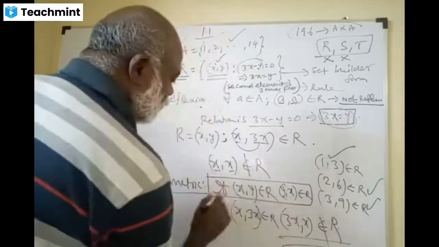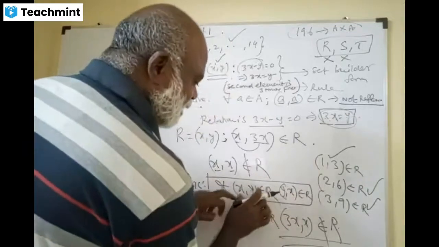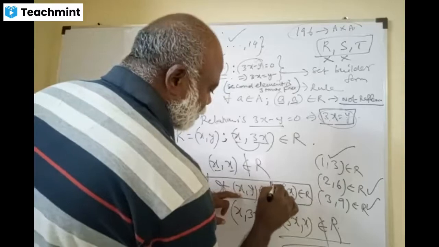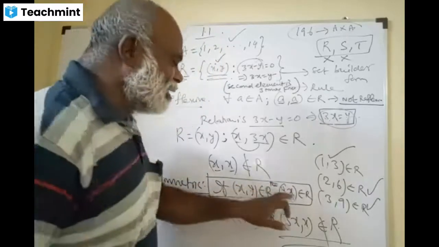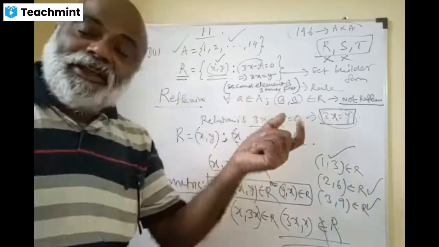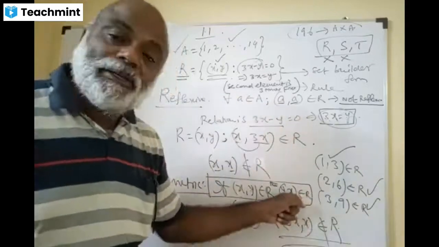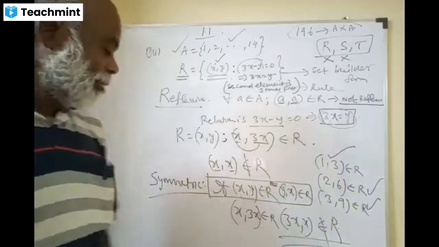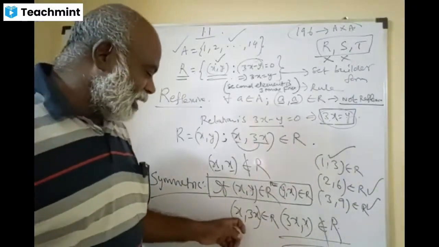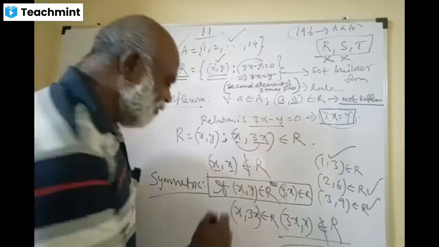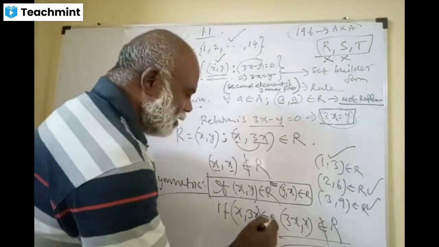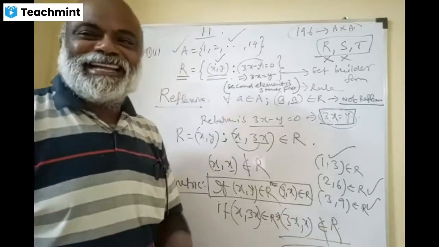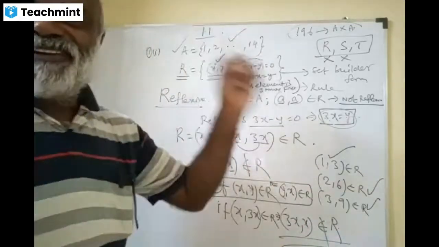If this is given, then if you can say Y comma X also belongs to R, that is, that the second element is 3 times the first element, then it is a relation that is sanctioned. But here, let us say the first element and second element are given. Then 3X comma X: here the second element is not 3 times the first element.